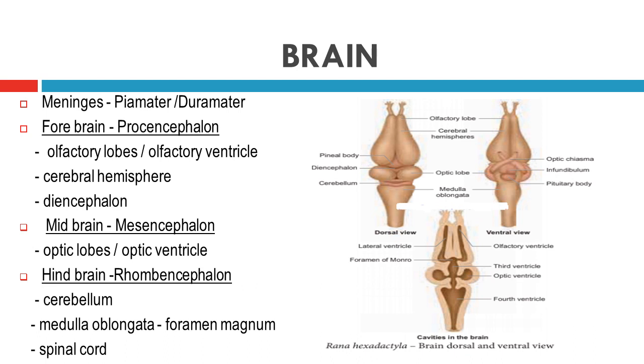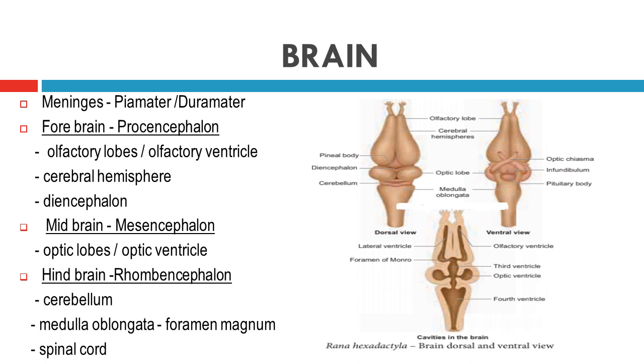Then the second one is the cerebral hemisphere. Olfactory lobe is at the anteriormost region, and the next largest region is the cerebral hemisphere.